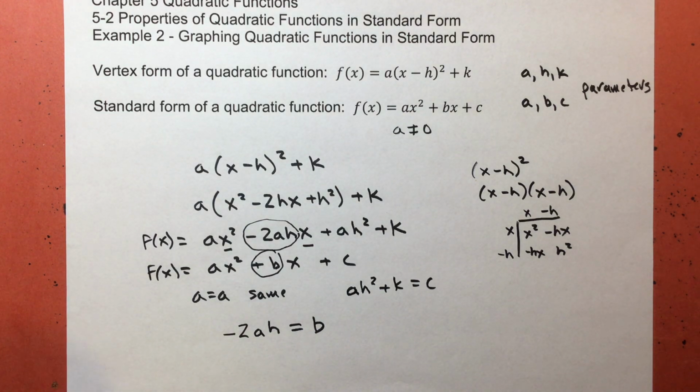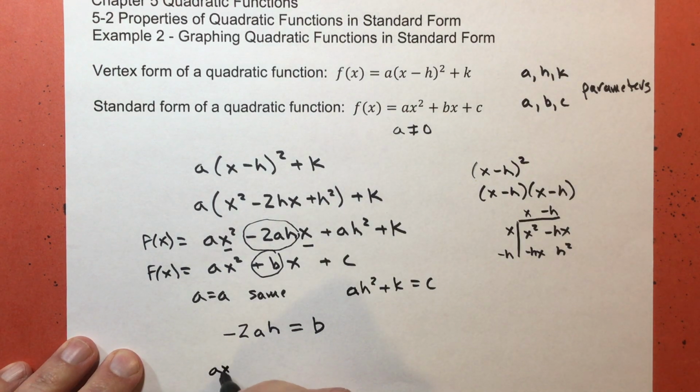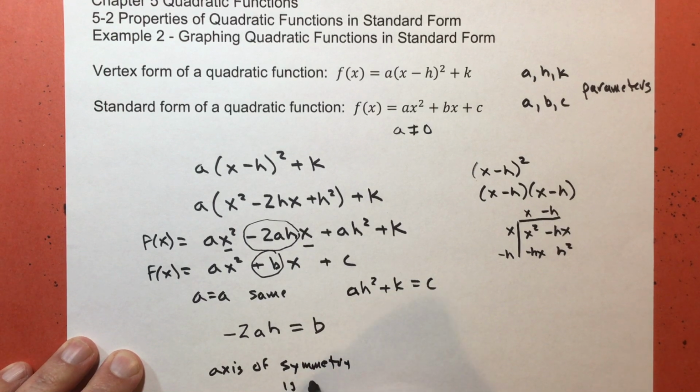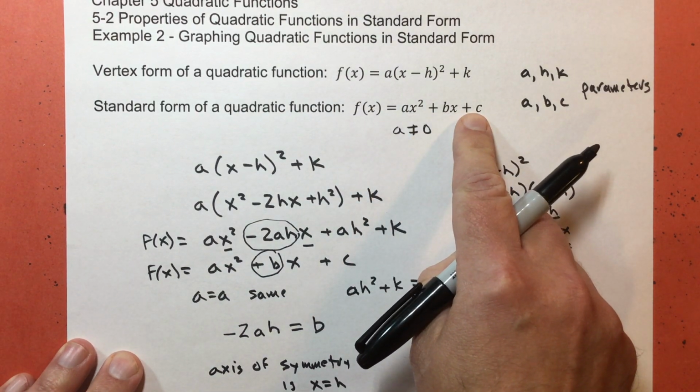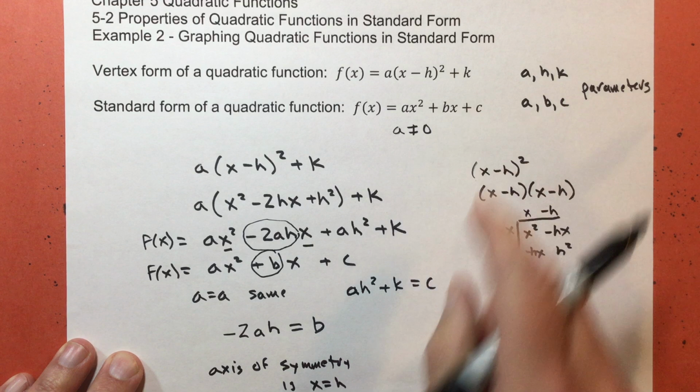Why is it important? Because the axis of symmetry is x equals h. But if I have standard form, I don't know what h is, but I can figure out what h is.